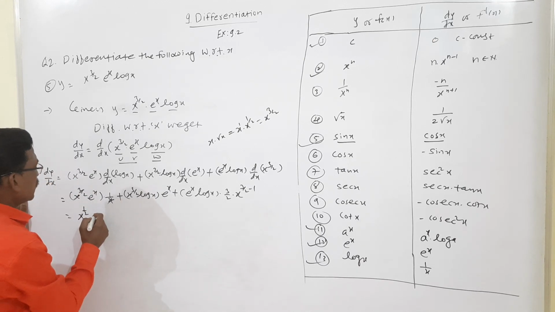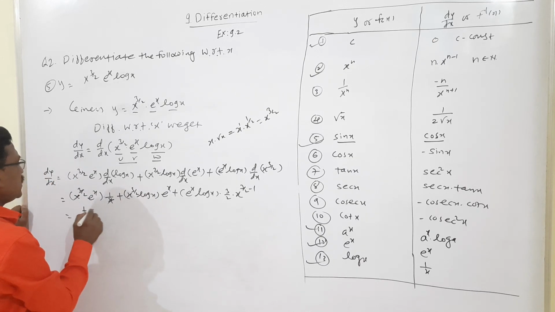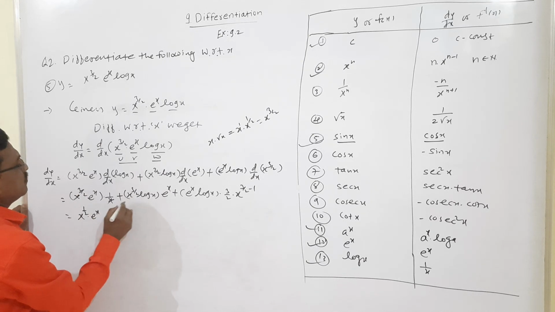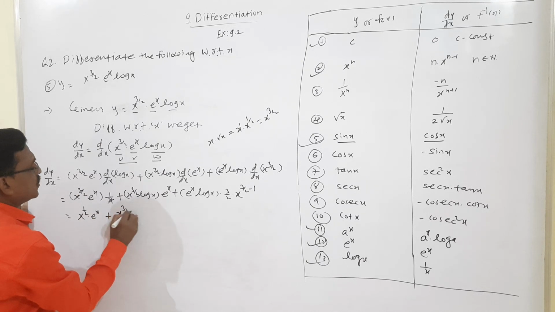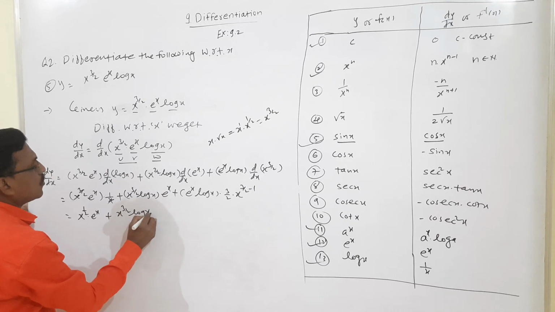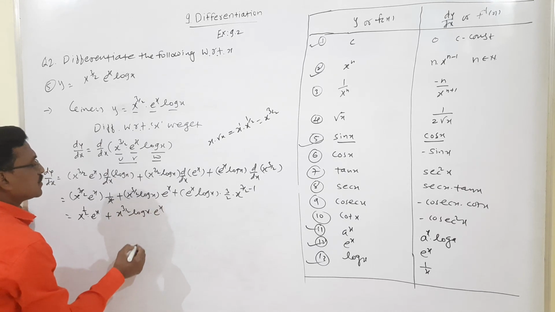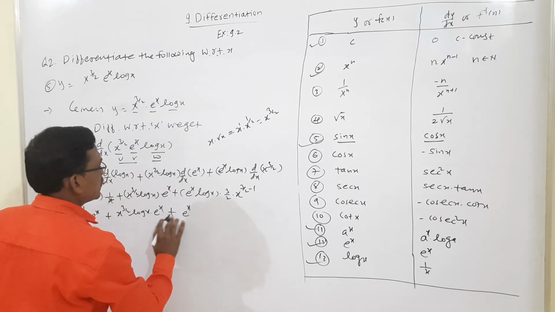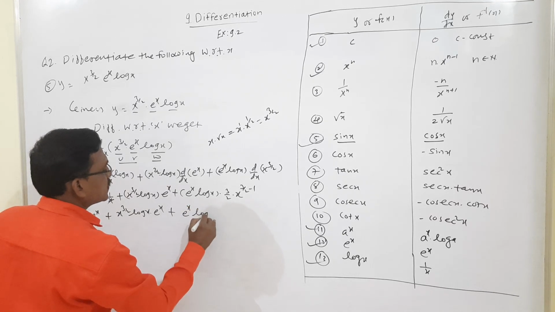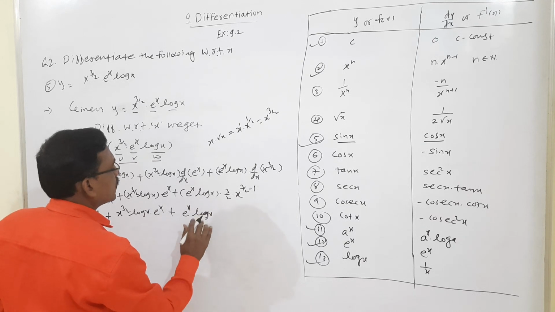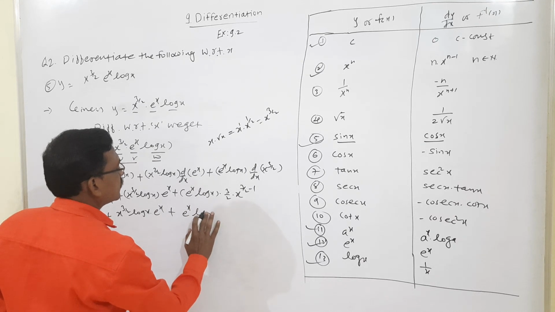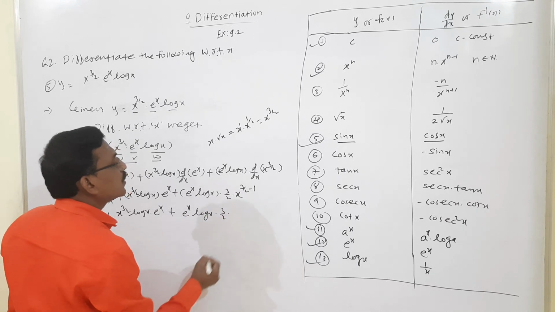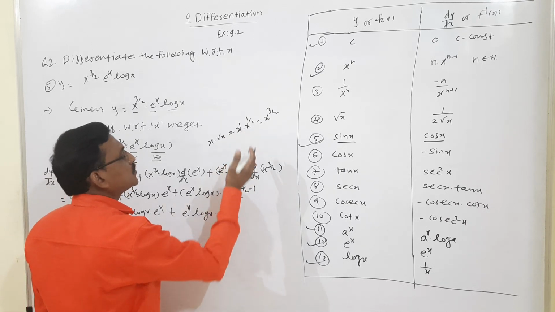So therefore, into e raised to x as it is, plus x to the power 3 by 2 into log x into e raised to x as it is, plus e raised to x into log x, as it is, 3 by 2 into x to the power 3 by 2 minus 1.